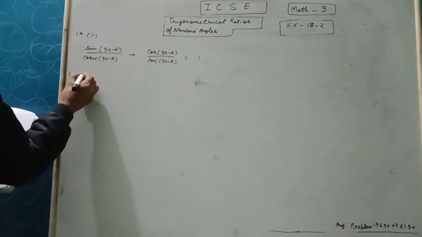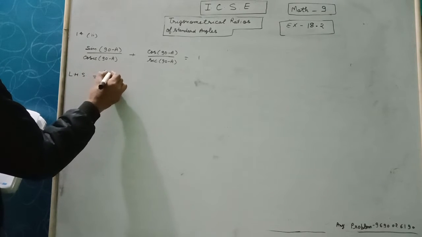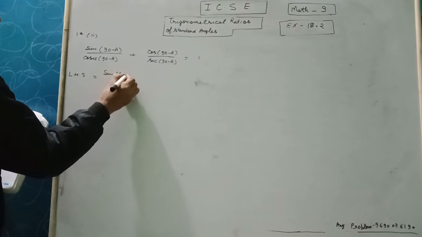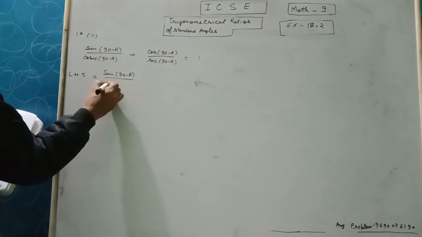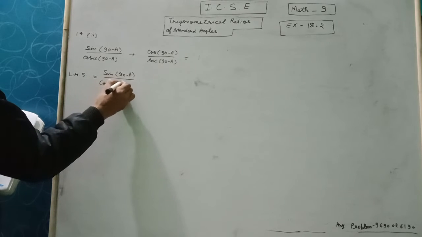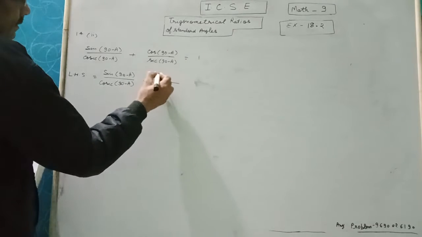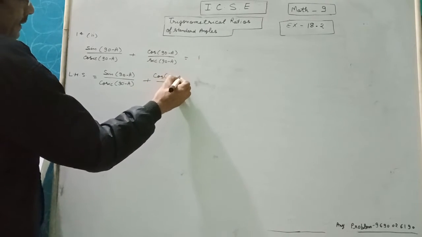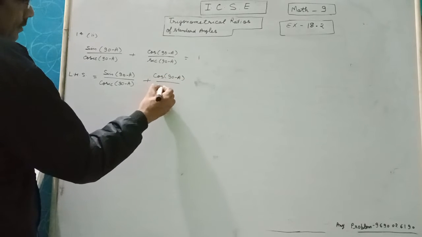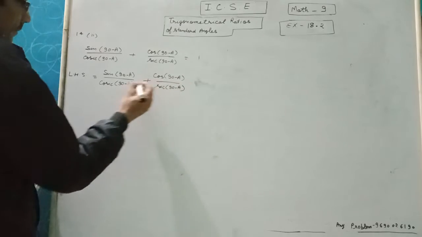Taking the LHS: sin(90 minus a) upon cosec(90 minus a) plus cos(90 minus a) upon sec(90 minus a).